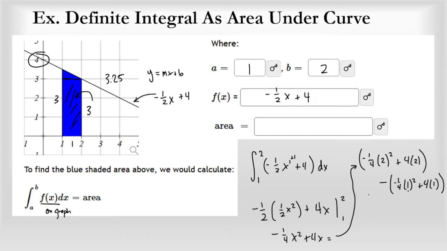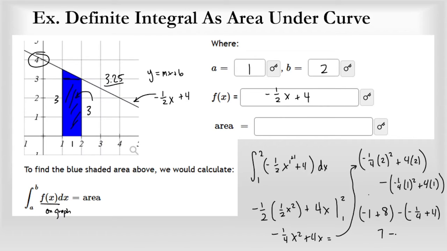Okay, this looks like a lot of work for something that I already figured out, 3.25. Let's see if we get to 3.25. We have negative 1/4 times 4, so we get negative 1 plus 8, minus negative 1/4 plus 4.